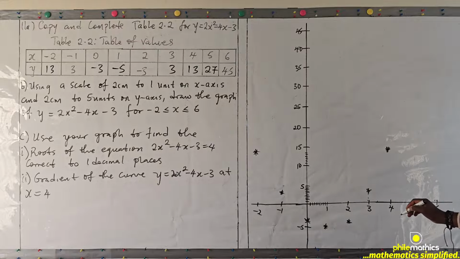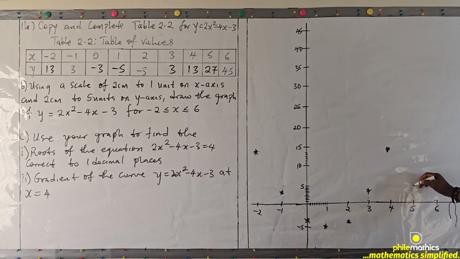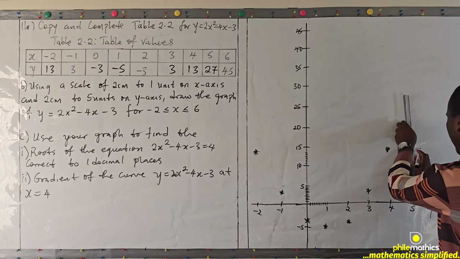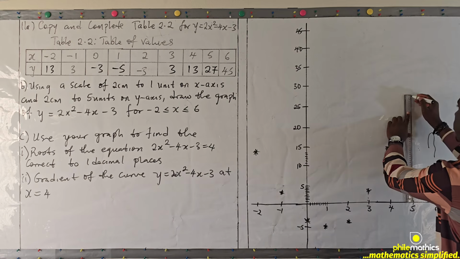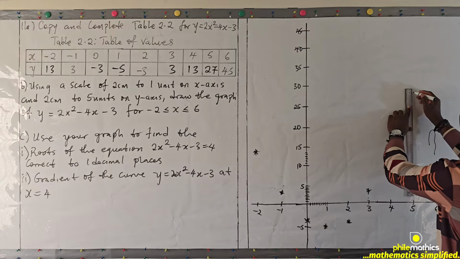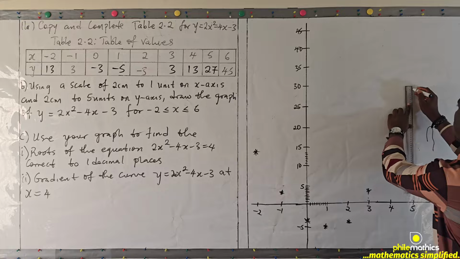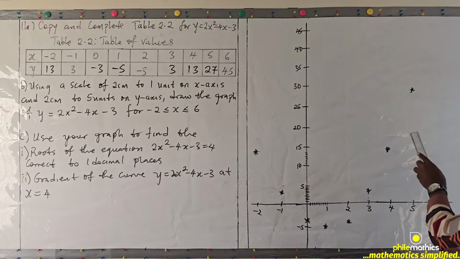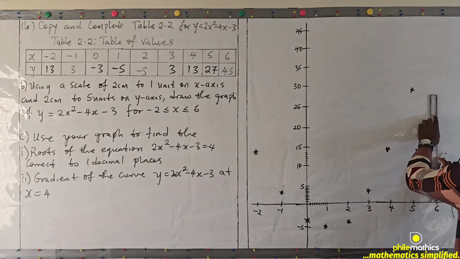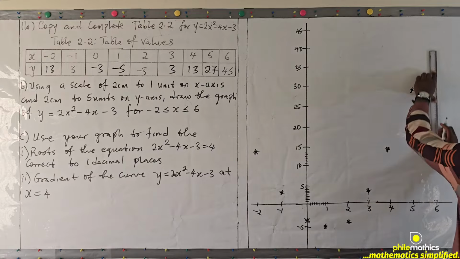For 5, we have 27. This is 27. For 6, we have 45.